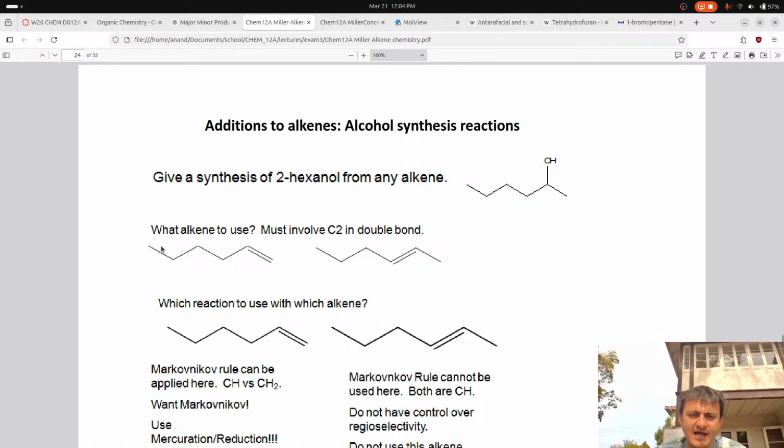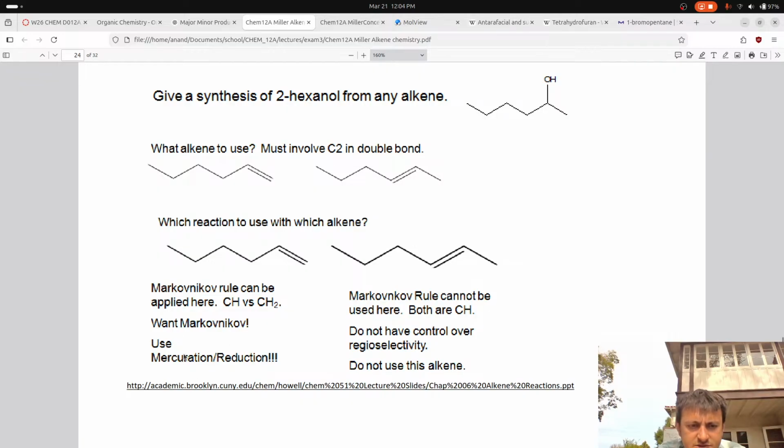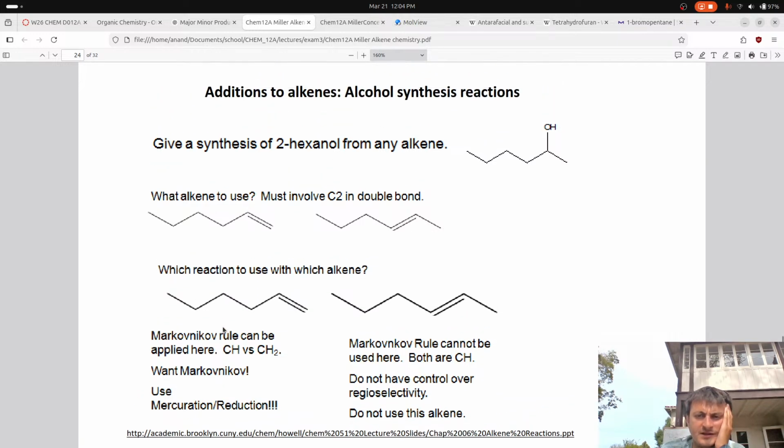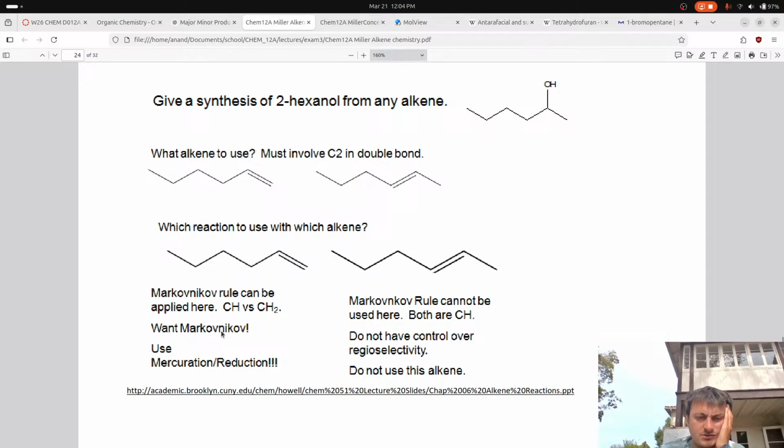So you just add acid to this thing and it's done. It says use mercuration reduction, but in this case, I feel like there's no reason why you actually need to do that.